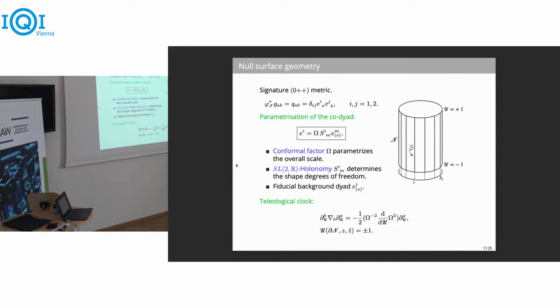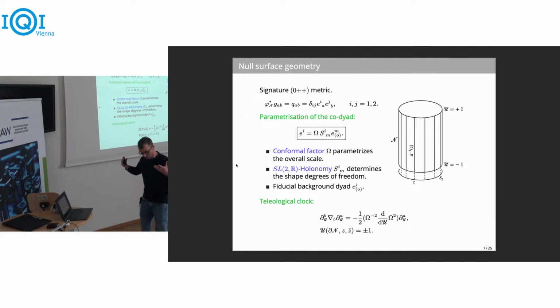And then the basic strategy is, if I can make sense of the phase space and quantum geometry of one such strip, by gluing quantum states together, I can actually build an entire light cone geometry.